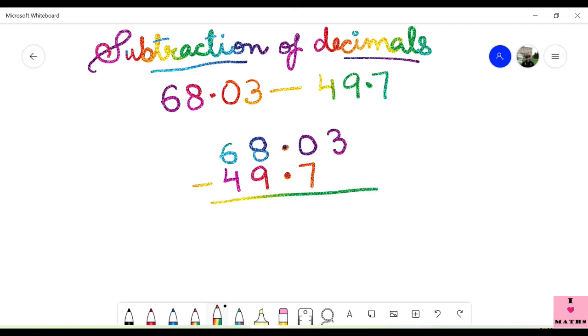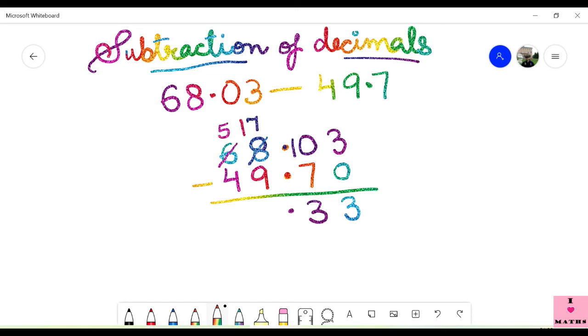Now there is nothing over here, so we put a 0. 3 minus 0 is 3. Now 7 cannot be subtracted from 0, so we'll have to borrow. This becomes 7 and this becomes 10. 10 minus 7 is 3. Again 9 cannot be subtracted from 7, so we have to borrow.